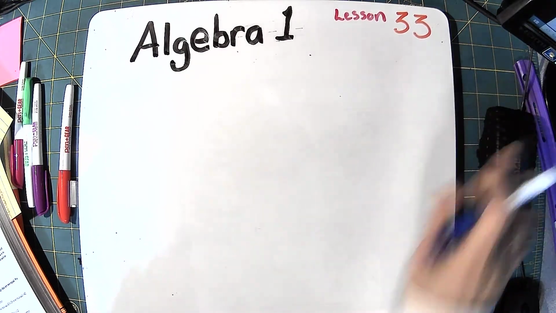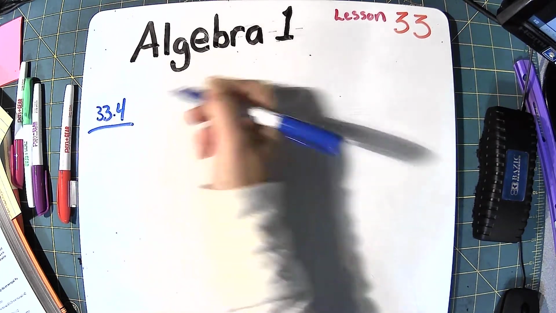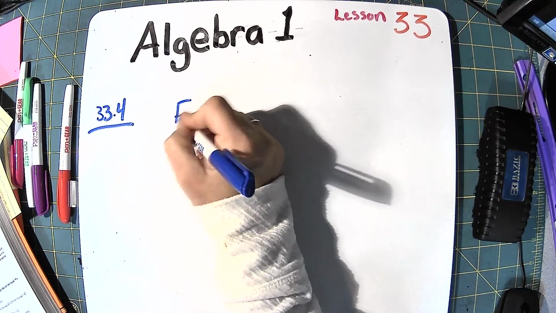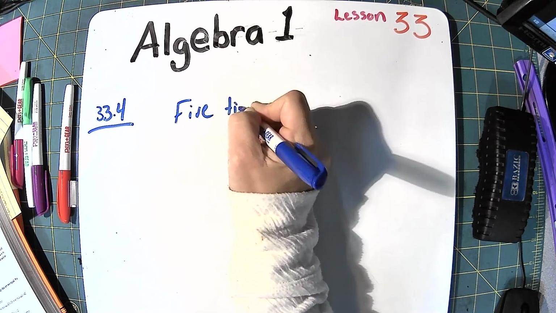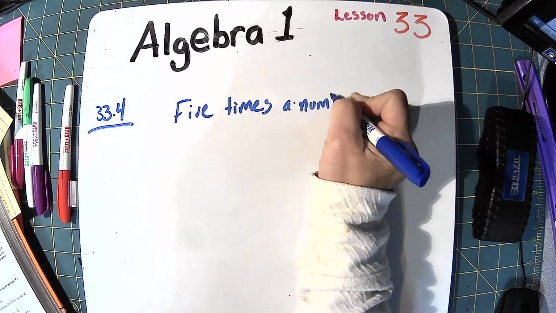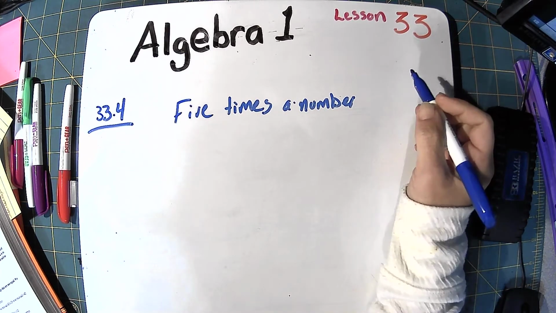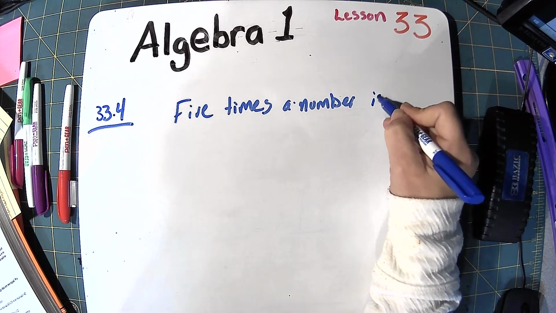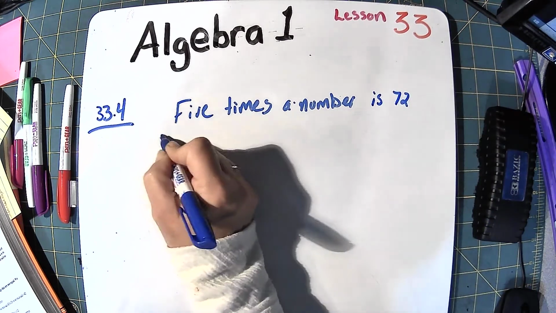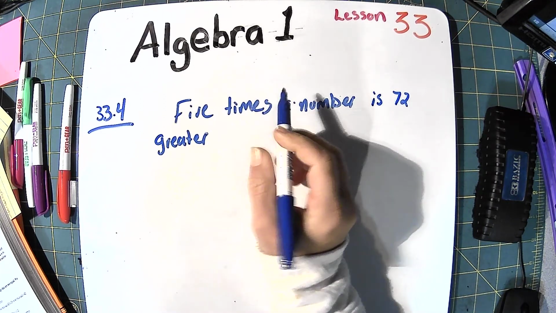All right, let's try another one. 33.4. 5 times the number is 72 greater than the opposite of the number.